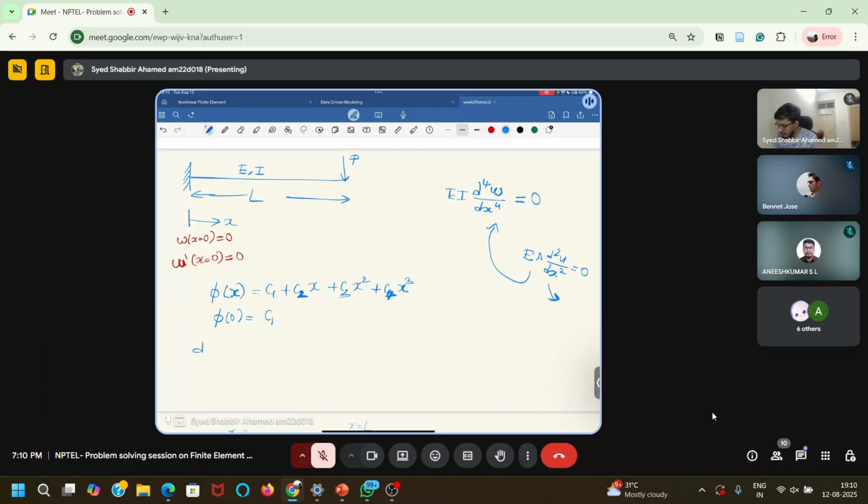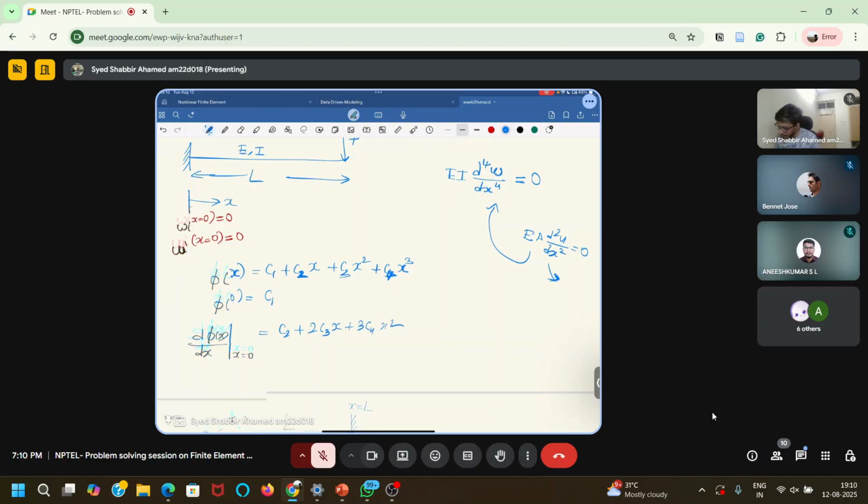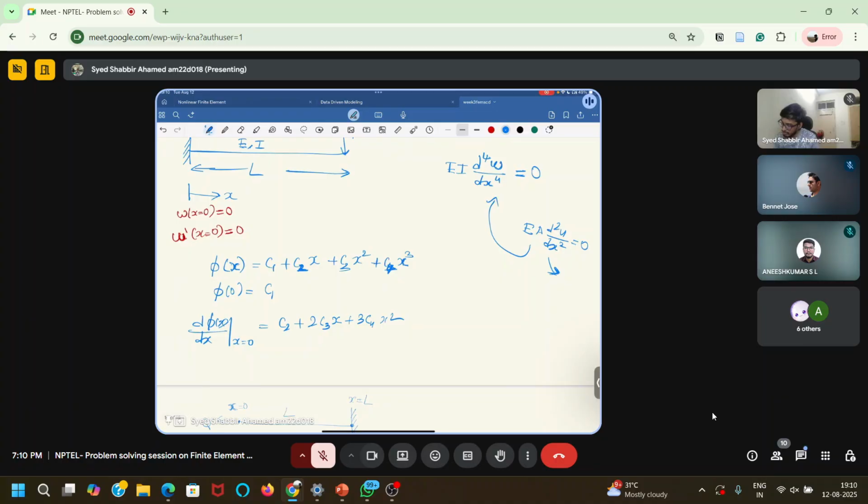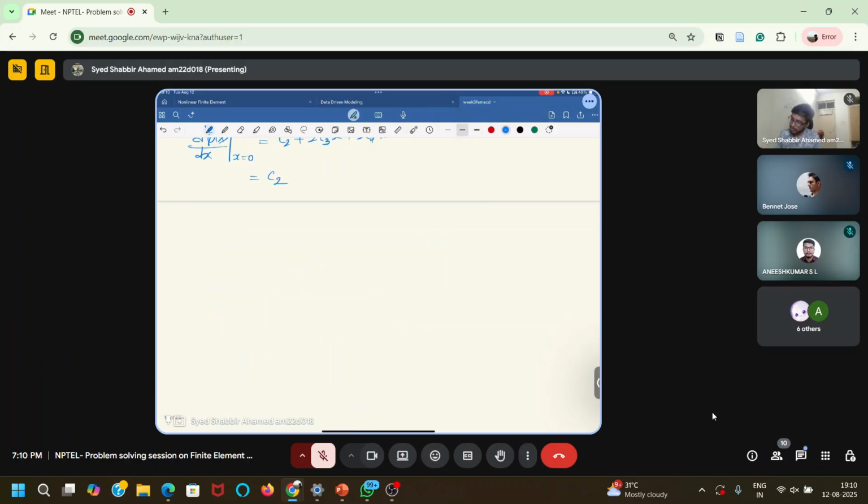And d phi by dx at x equal to 0 should also be satisfied, which will be C2 plus 2 C3 x plus 3 C4 x square. If I substitute 0 here, I will get C2. So both the essential boundary conditions are not being satisfied.